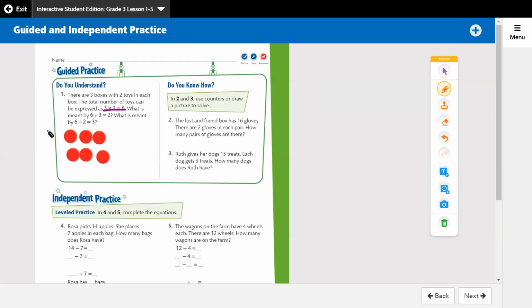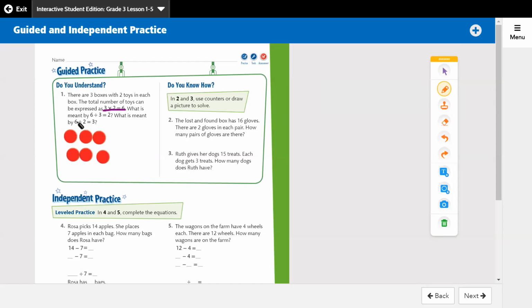If we divided our total of 6 by 3 here, we would be left with 2 groups, right? Or if we divided it by 2 instead, 2 in each group, then we'd have 3 groups. All right?